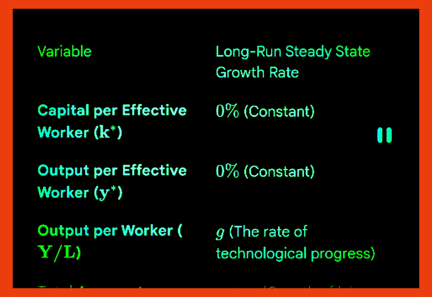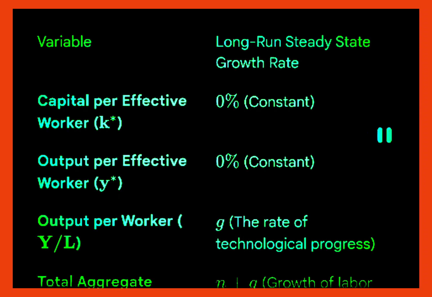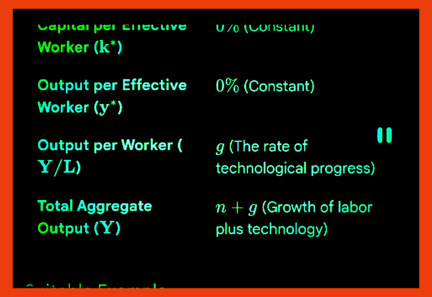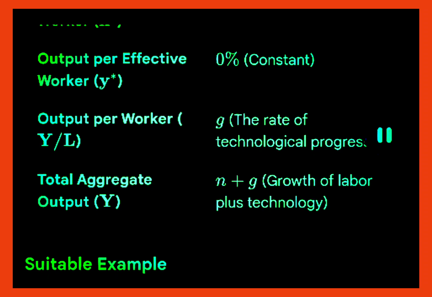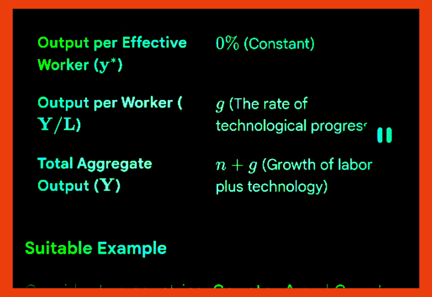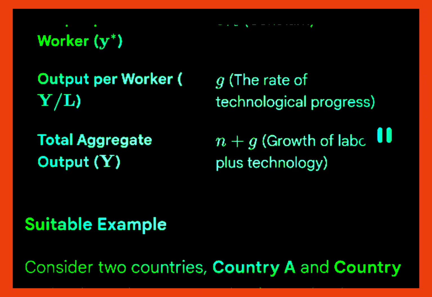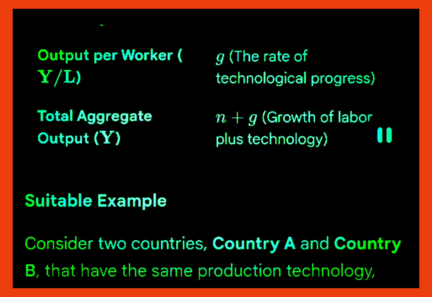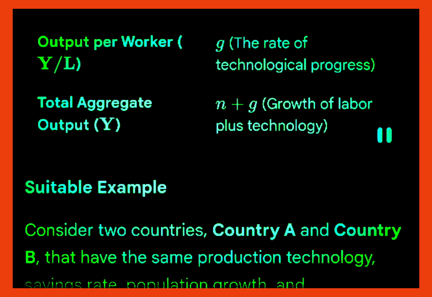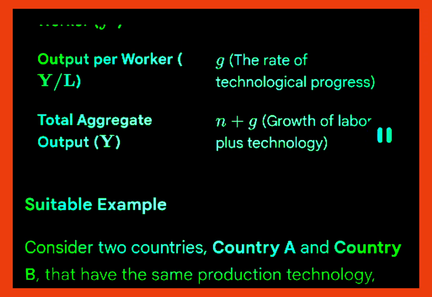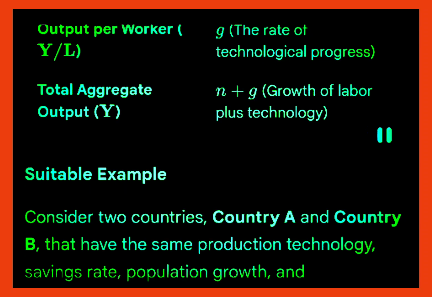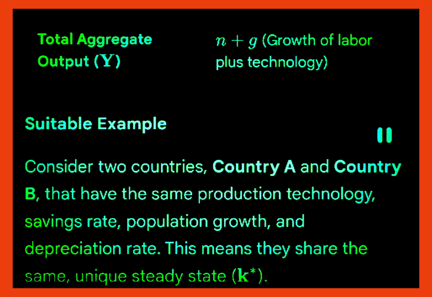Output per effective worker, y*: 0%, constant. Output per worker, Y/L: g, the rate of technological progress. Total aggregate output, Y: n + g, growth of labor plus technology.